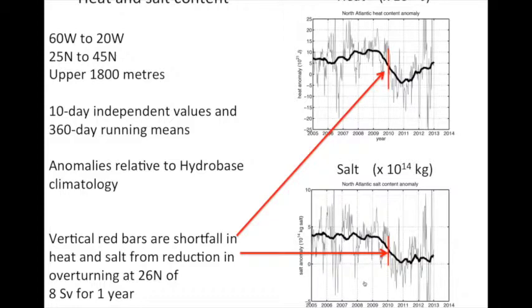We use the same structure of anomalies to do the salt budget as well. So you can see it was a salty ocean, and then it went down to nearly zero, so nearly back to the climatology. These red lines here show the deficit in salt and heat being transported northwards associated with the turn down in the MOC.